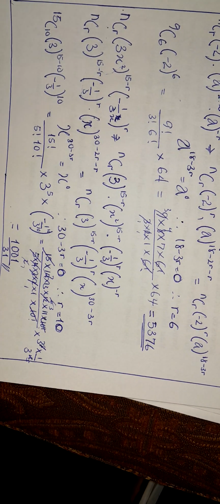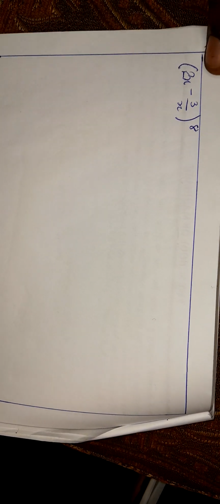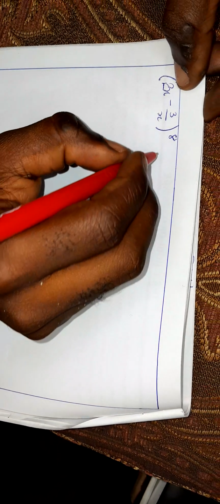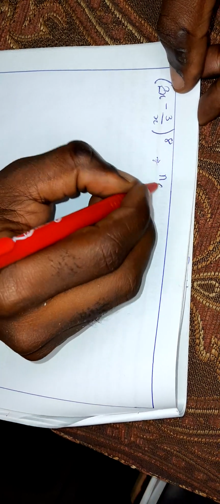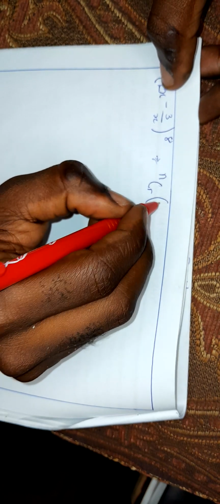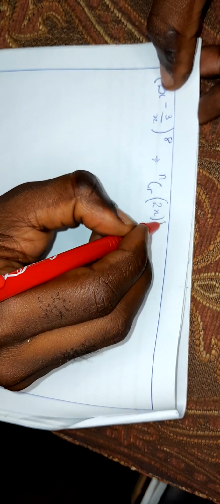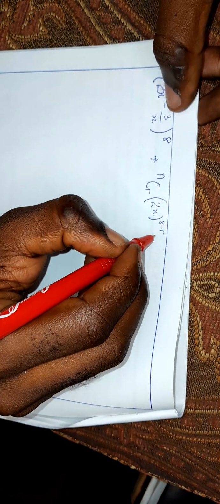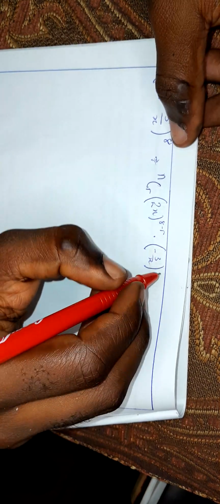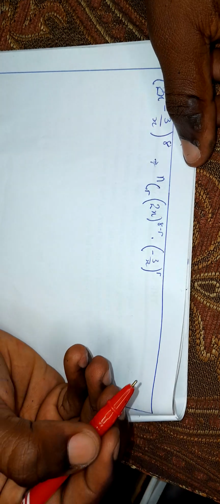Okay, so to the last question. We're looking for the term independent of x, or the constant term. I've written this for more clarity. So we're having n combination r, this value here, 2x to the power of 8 minus r multiplied by minus 3 over x to the power of r.